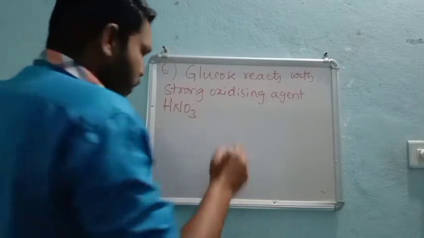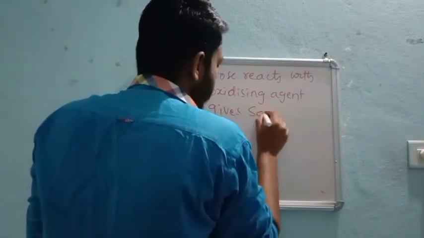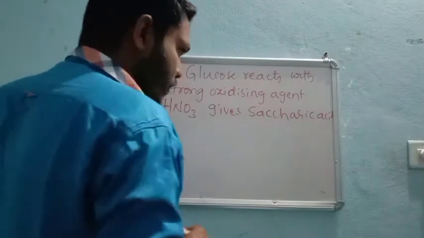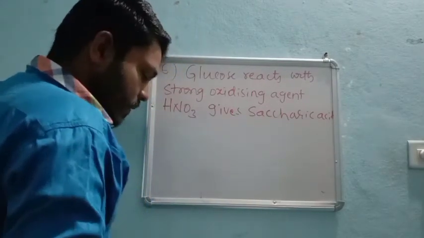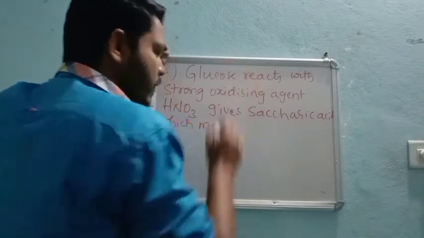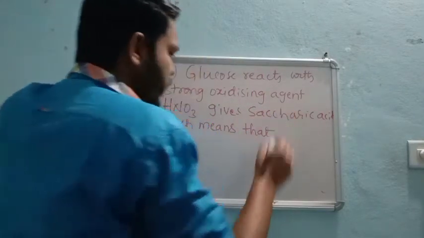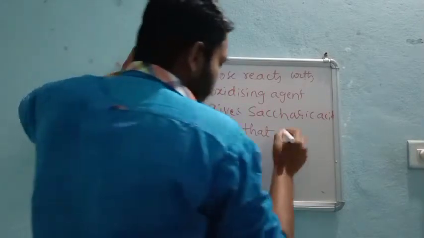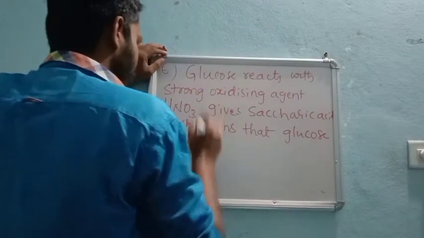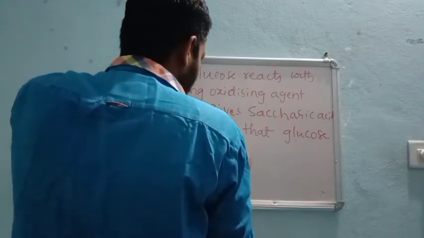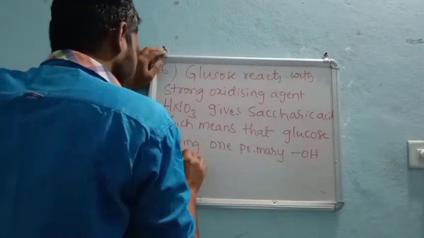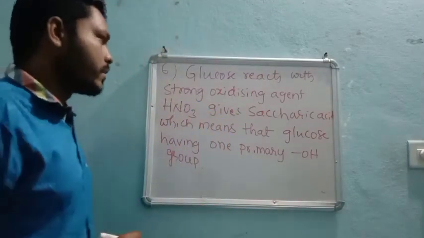Nitric acid gives saccharic acid, which means that glucose has one primary OH group, right? So this is the next last point about this.